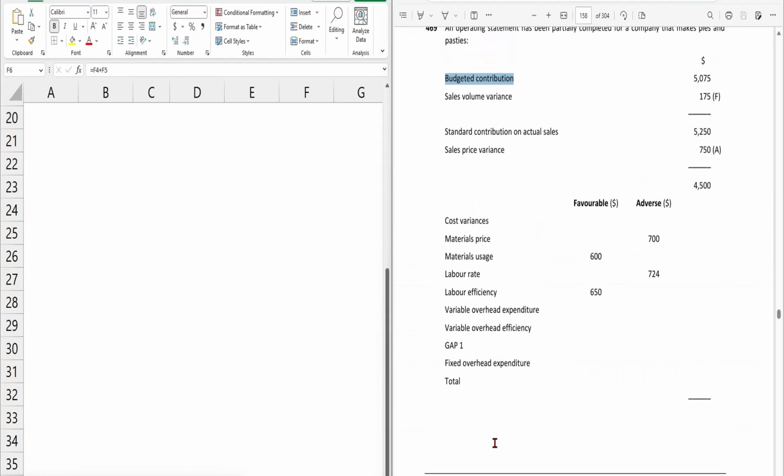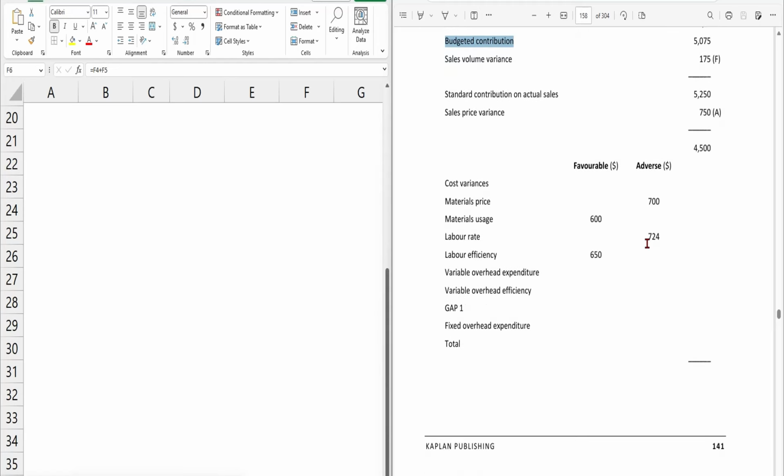If we look at the material price variance, it is 700 adverse, so that means you have bought high quality material that led to your actual cost being more than the budgeted. 700 adverse means it's bad. That means you have actually spent more on the material as compared to budget. But this could be a possible reason.